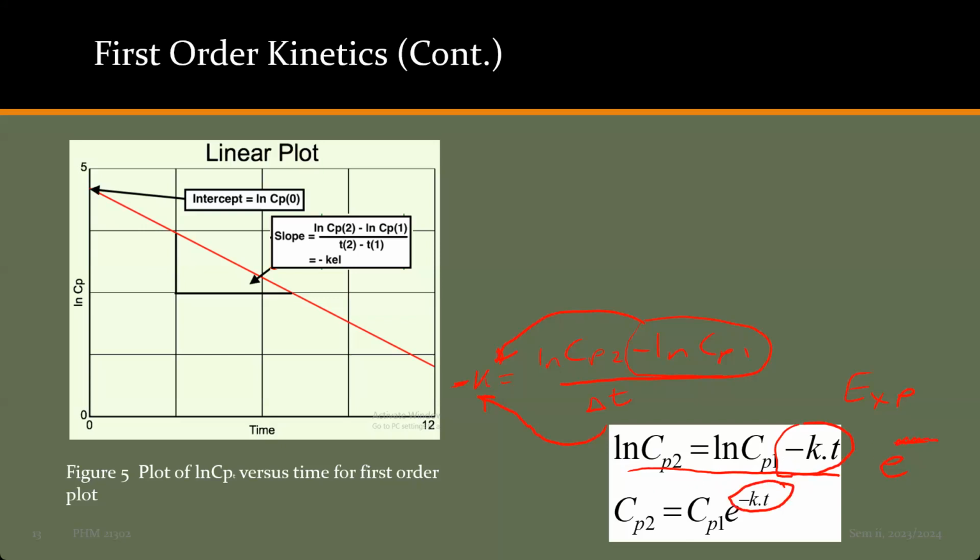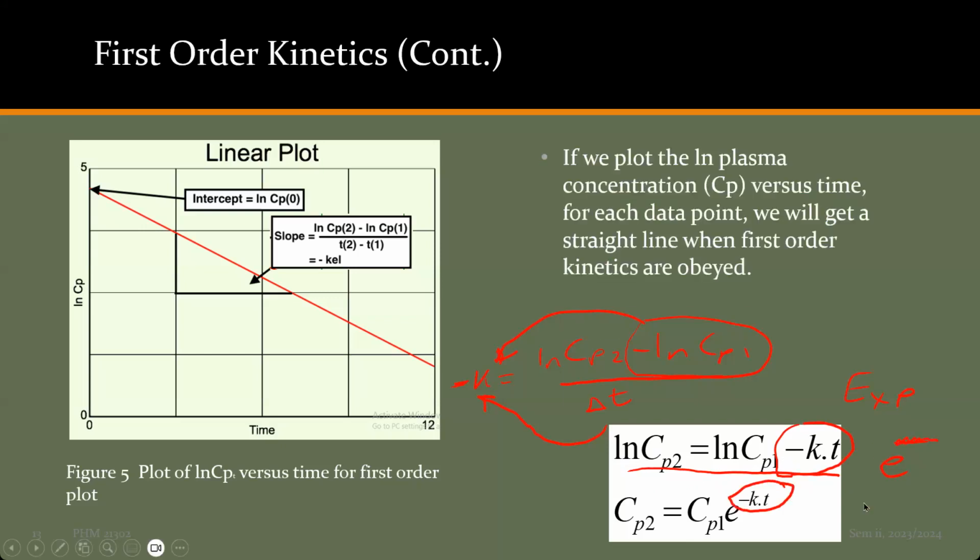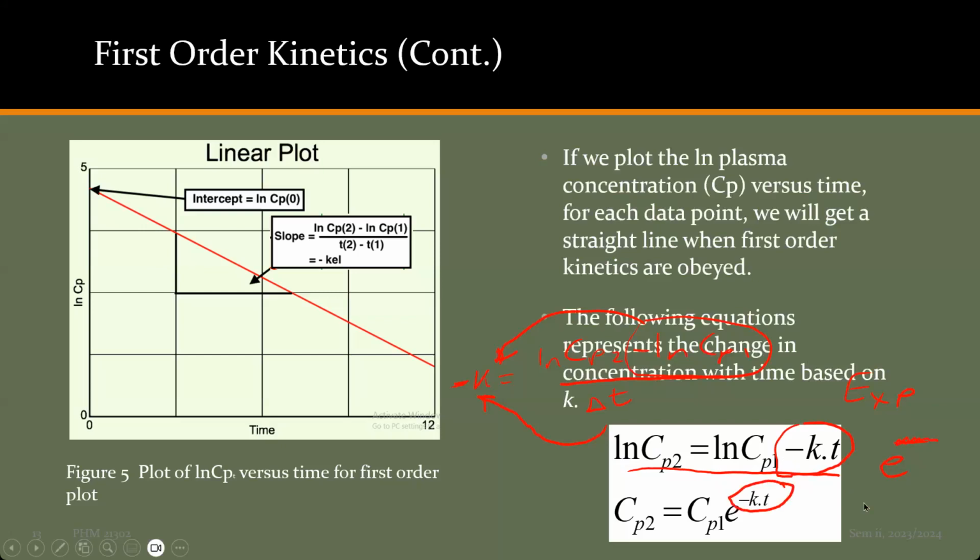So now we have different forms of the equation. You can calculate K. If you know K, you can calculate CP2 if you know another level on the graph.